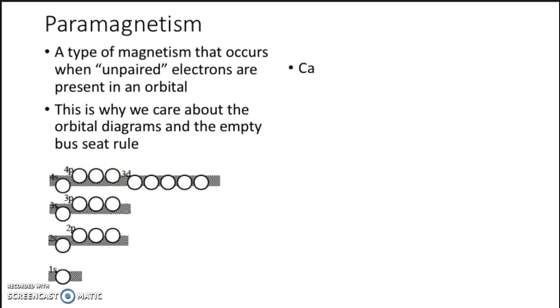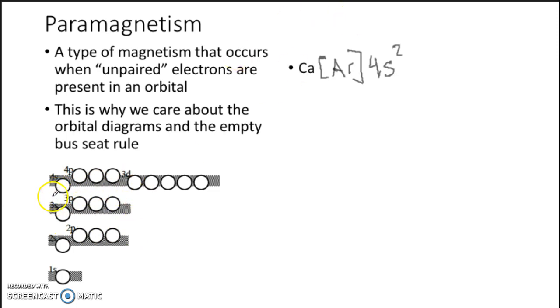So, for example, calcium. Well, what does calcium's configuration look like? So calcium, it's got 20, so I can store 18 in argon, right? Like that. And then it would be 4s2. If you wrote it all out, 1s2, 2s2, 2p6, 3s2, 3p6, and then 4s2.